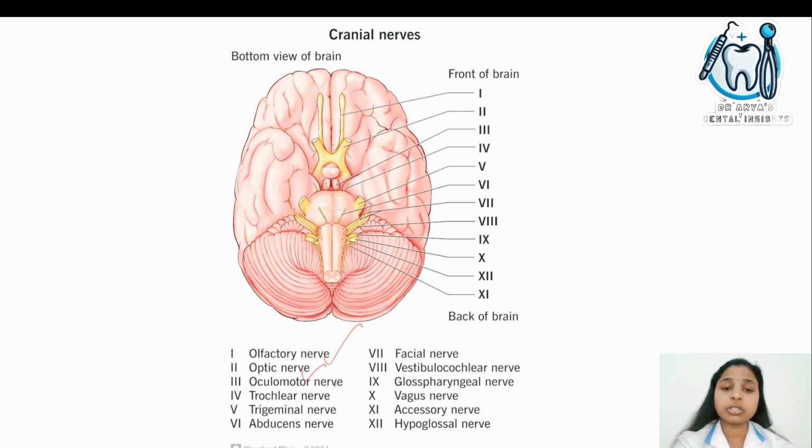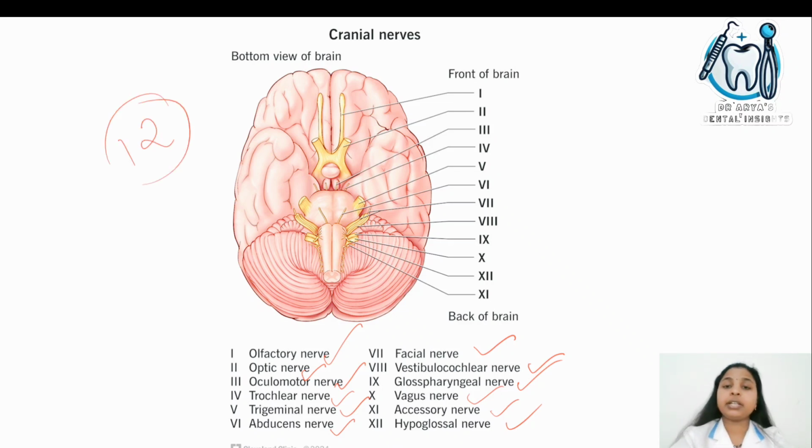Third is oculomotor. Fourth one is trochlear, then trigeminal, abducens, facial nerve, vestibulocochlear nerve or auditory nerve, glossopharyngeal, vagus, accessory nerve, and hypoglossal nerve. So these are the 12 cranial nerves, which should be remembered. It's very, very important.